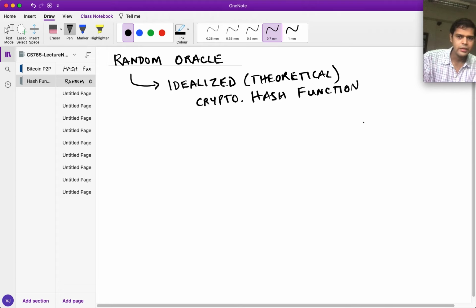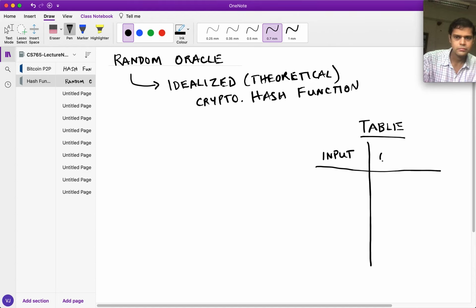So a random oracle has a table of inputs and outputs. Let me just write that here. Let's say this is the random oracle.